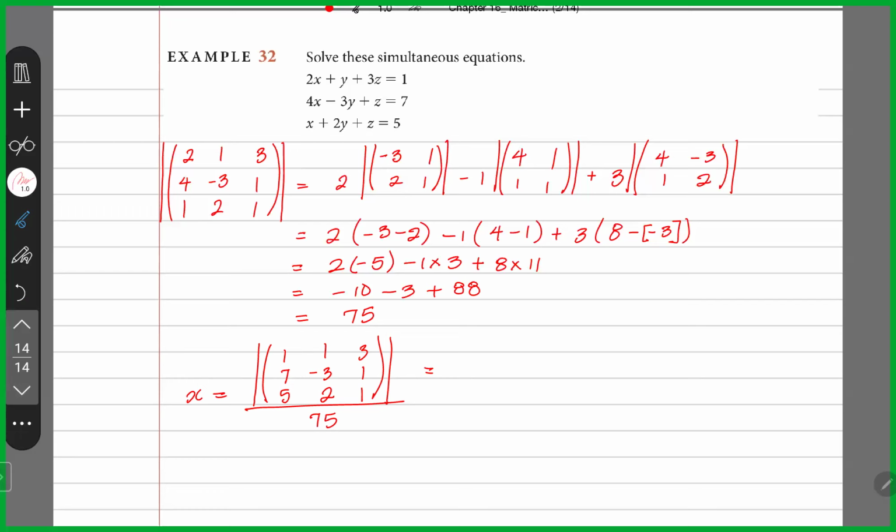So this would be 1, determinant of minus 3, 1, 2, 1.